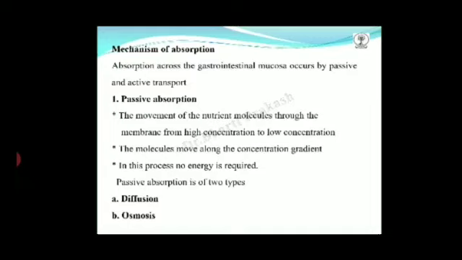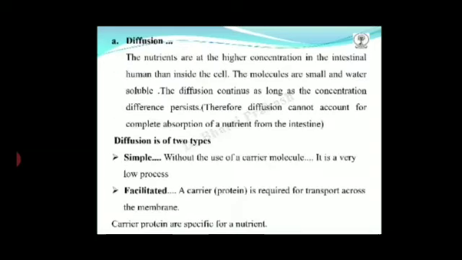The molecules move along the concentration gradient, that is, they are moving downhill. Therefore, in this process, no energy is required. Passive absorption is further of two types, diffusion and osmosis.